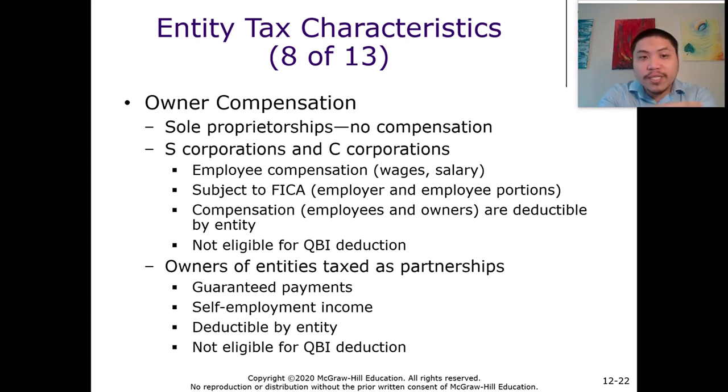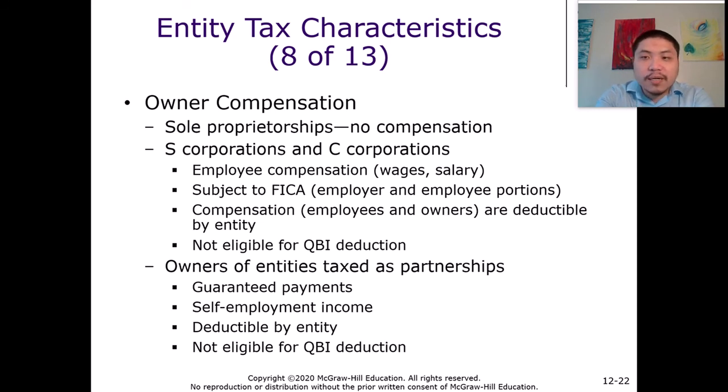Yeah. So the main difference among these entities is that S corporations and C corporations, as entities, pay FICA tax for the employer and the employee portion. If they hire the owners, then they're going to pay the FICA taxes for the owners as well.